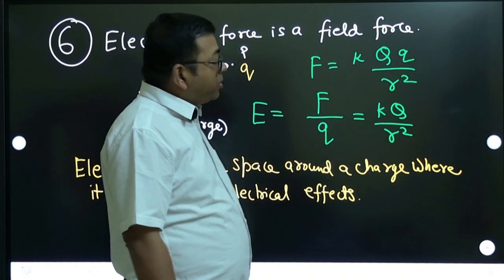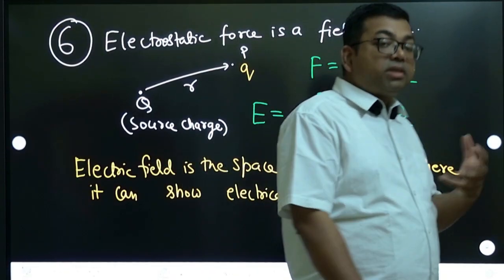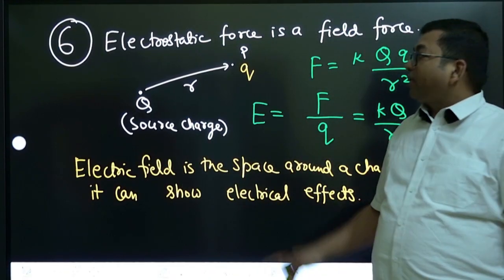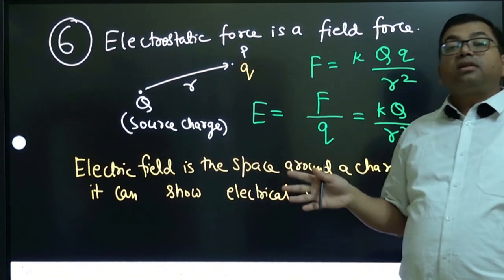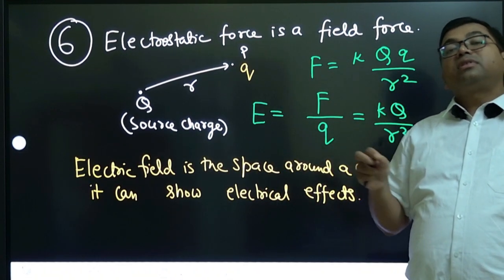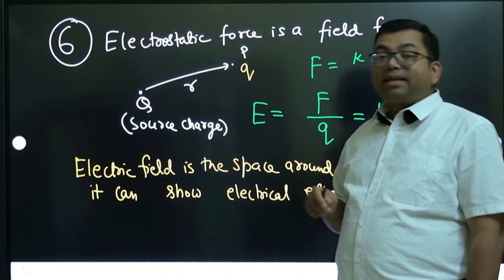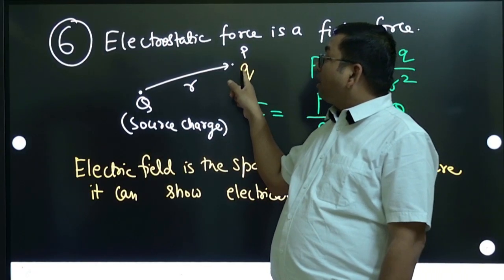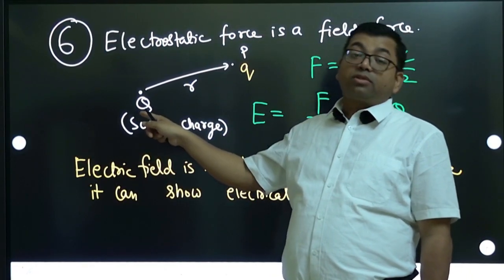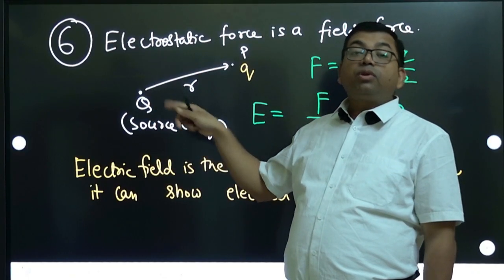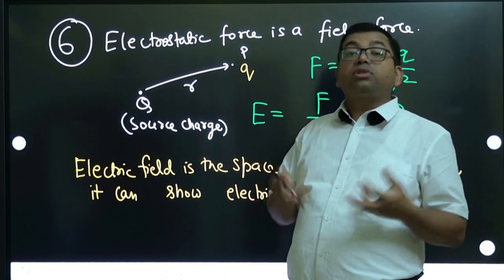But there is an important point to note. While you are measuring this and bringing any charge here, that charge we have to consider a small charge. Why? Because if you do not consider it small, then that charge will disturb the source charge, but we want to measure the effect of the source charge.